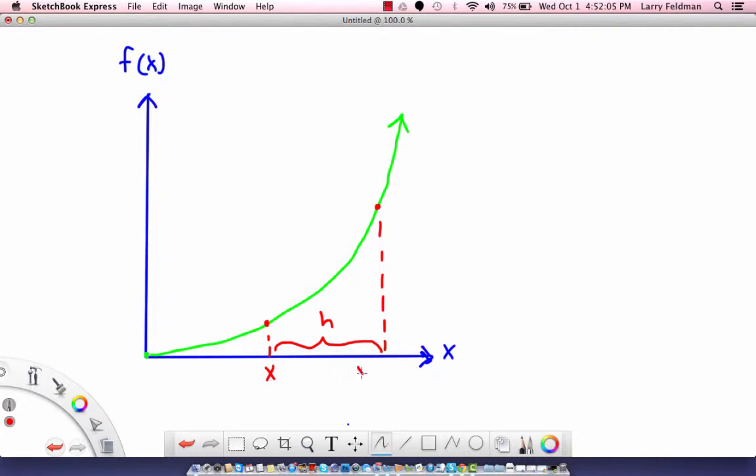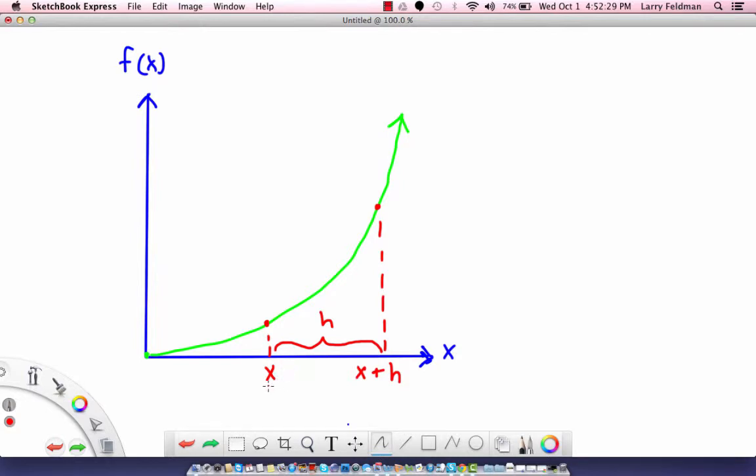So the x-coordinate of this point is x plus h. So let's think about that. If this is 2, and I move h units to the right, and let's say h is 4, this x-coordinate would be 6, 4 plus 2. So I hope that's not too complicated.